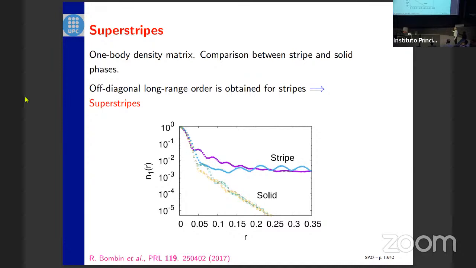But you see that the asymptote is the same in the two directions. And this is expected. Why? Because the condensate fraction is the occupation of the zero momentum state, and the zero momentum state is isotropic. So if there is a condensate fraction, it doesn't matter in which direction I calculate this.